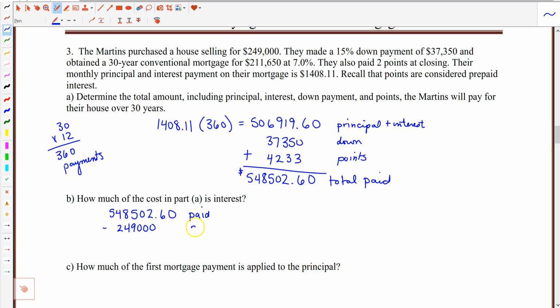So this was the selling price of the house. If we were to find the difference in these two amounts, that would be $299,502 and 60 cents. This is how much we paid in interest.